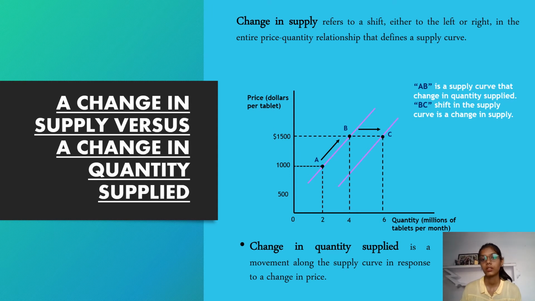In this figure, A to B is a change in quantity supplied due to a change in price. On the other hand, the BC shift of the supply curve is a change in supply. Same price but the quantity also increases.